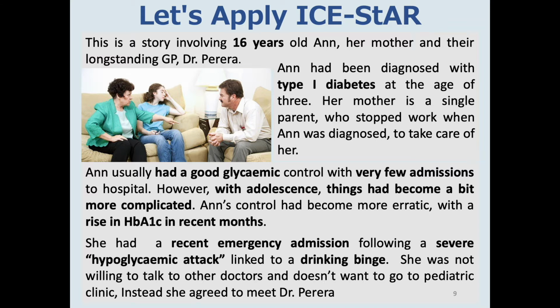Anne usually had good glycemic control with very few admissions to hospital. However, with adolescence, things had become a bit more complicated. Anne's control had become more erratic, with a rise in HbA1c in recent months. She had a recent emergency admission following a severe hypoglycemic attack linked to a drinking binge. She was not willing to talk to other doctors and doesn't want to go to the pediatric clinic. Instead, she agreed to meet Dr.